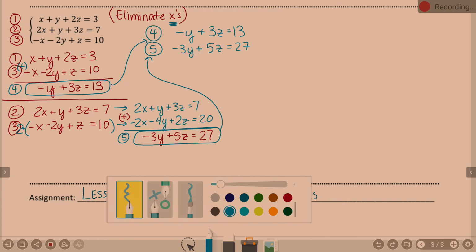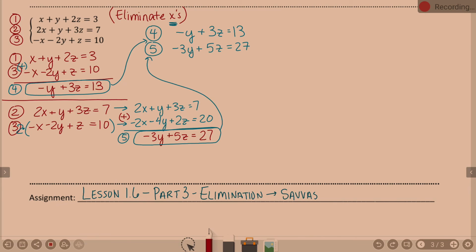Well, what's your plan? You have a variable you would like to eliminate at this point. Multiply the top by 3. Negative 3. Depends on who you're talking to in this room. I personally am going to say multiply.